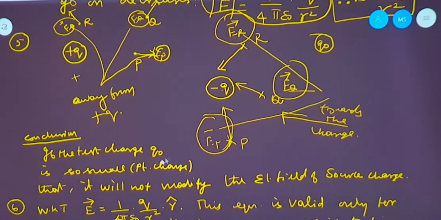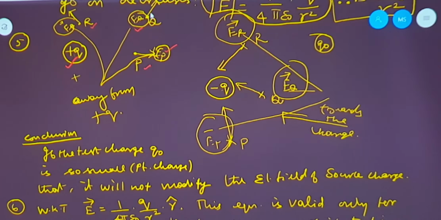If the test charge Q0 is small, it will not modify the electrical field of the source charge. If I want to calculate the electrical field of this source charge plus Q, I am considering 3 points: one as P, another as Q, another as R. On P, the electrical field is EP.